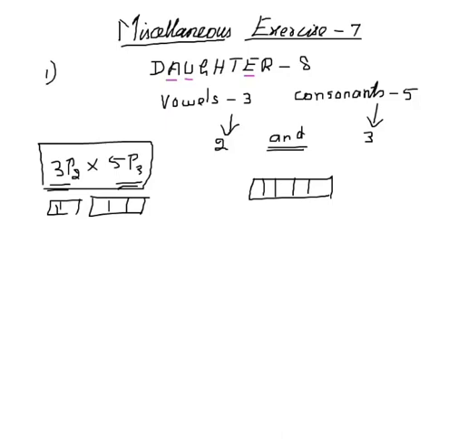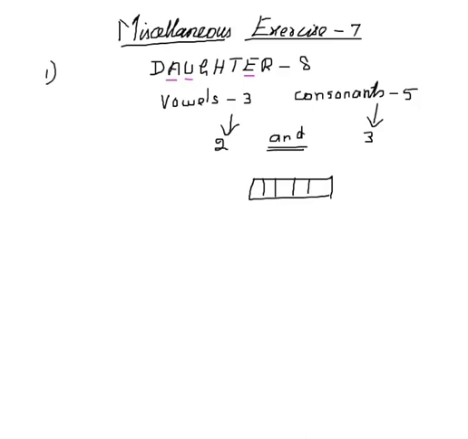So we can mix up vowels and consonants. Therefore, this method is wrong. So what we should do is, we will do the selection first. Mix them up. Put all 5 selected letters together, vowels and consonants. 5 letters are there. Now 5 letters we can arrange in 5 factorial ways.